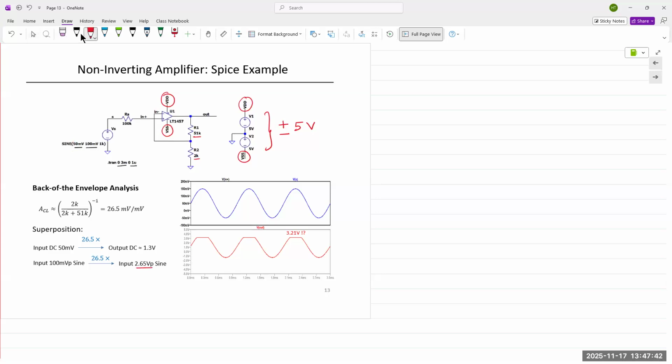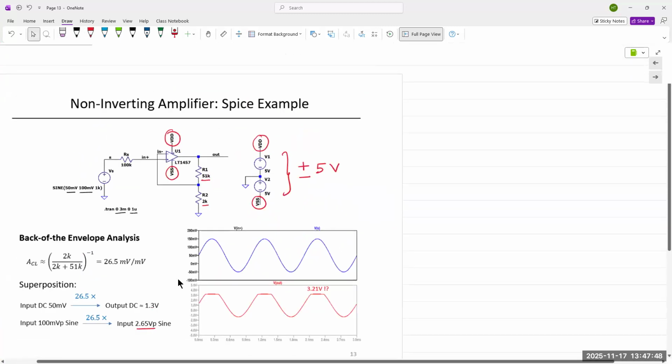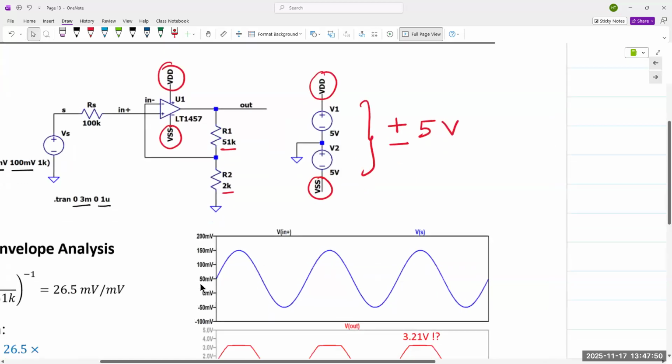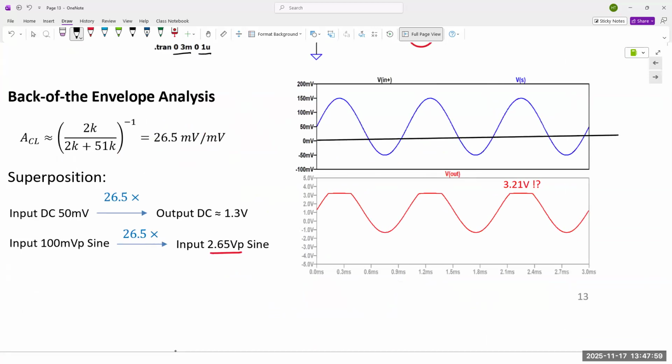So if you look at your output waveform, let me zoom in to the waveform a little bit. Instead of being centered around 0, your input waveform itself has a DC offset of 50 millivolts.